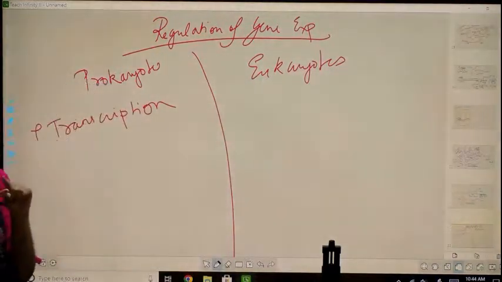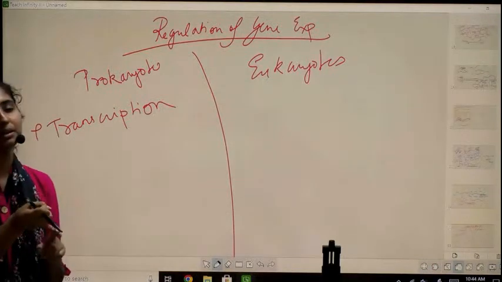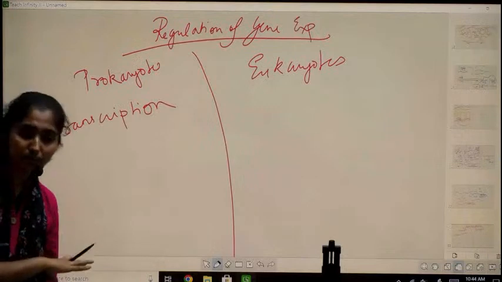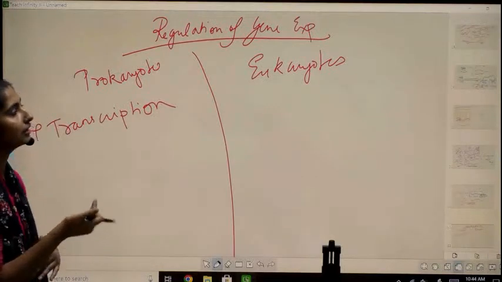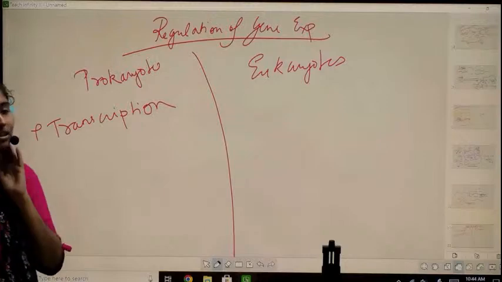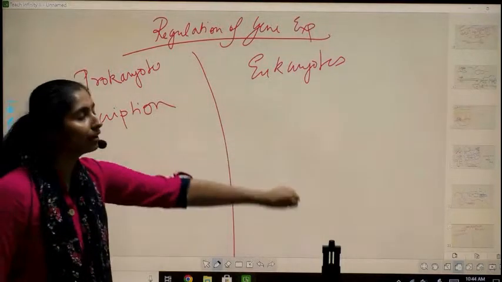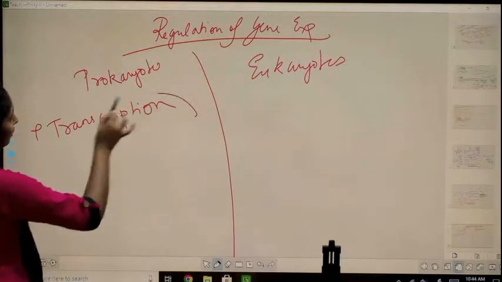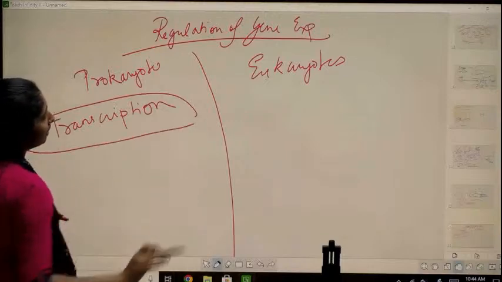It can be done at the level of transcription, it can be done at the level of translation, it can be done at the level of RNA processing, right? It can be done at the level of post-translational changes. So there are various stages in which eukaryotes can regulate their gene expression. But for prokaryotes, much of the regulation is done at the level of transcription.